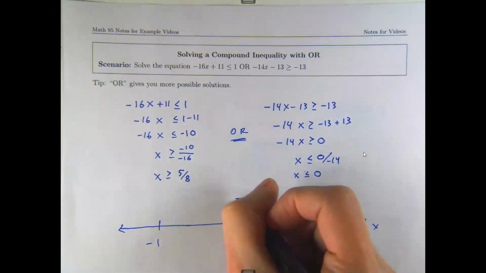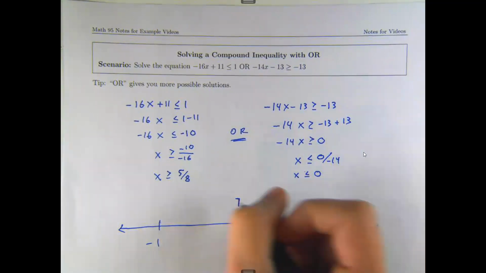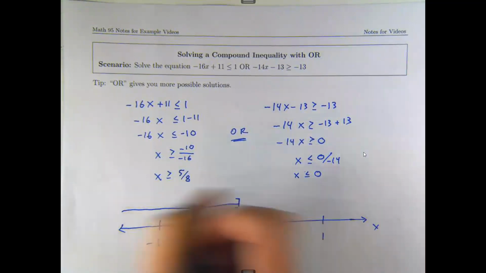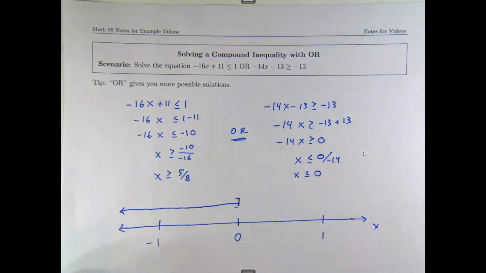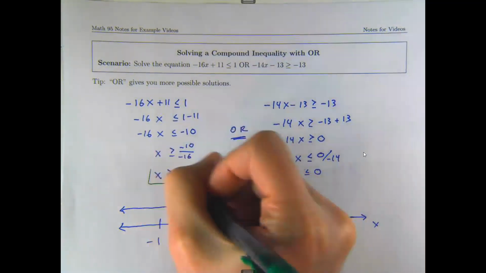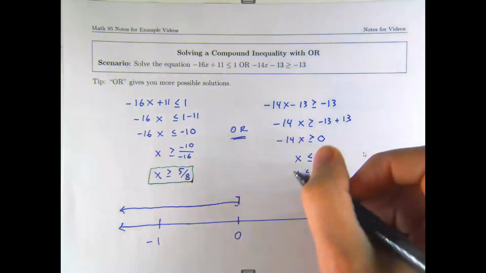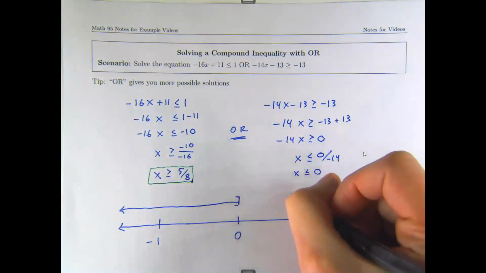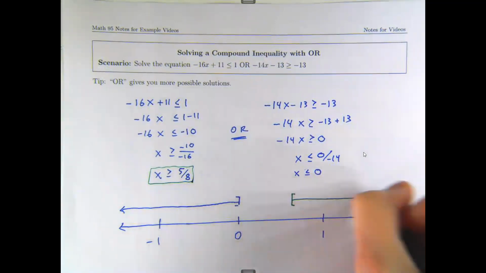So that means anything from 0 and down is a solution. 5 over 8 is a little bit more than a half. So this set, somewhere about here, 5 over 8, and I'm looking for any number from there and up.